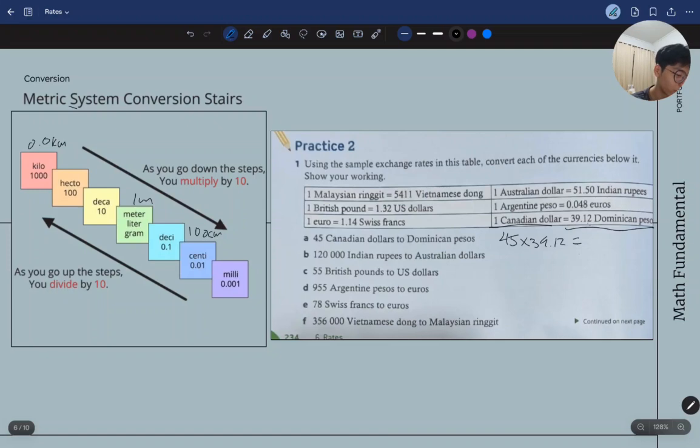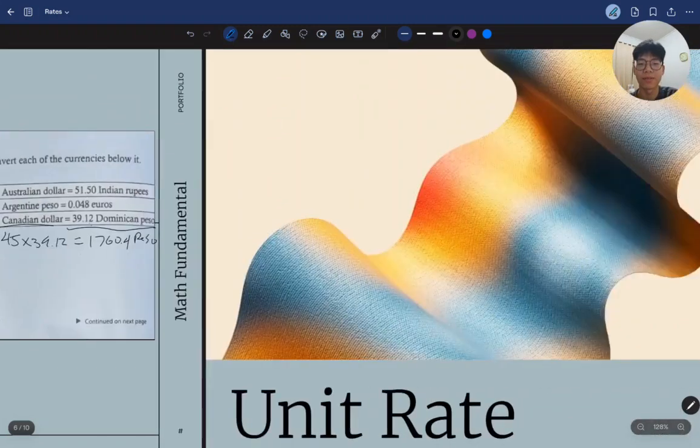Let's try it. 45 times 39.12 equals 1760.4 pesos. That's it. B to F, all of you should do it. It's a job for you guys.